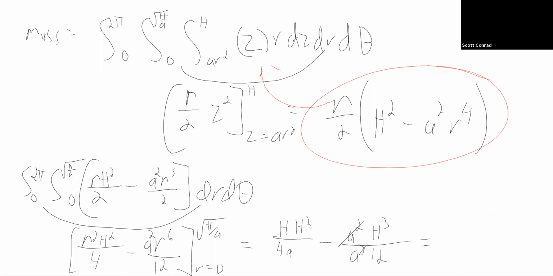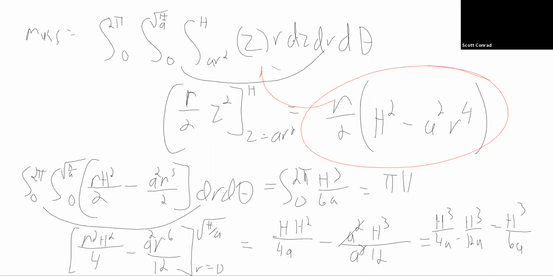So we get h cubed over 4a minus h cubed over 12a. And so we get h cubed over 6a. And then when we integrate that from 0 to 2 pi, we get pi h cubed over 3a, which is correct. Thank goodness.